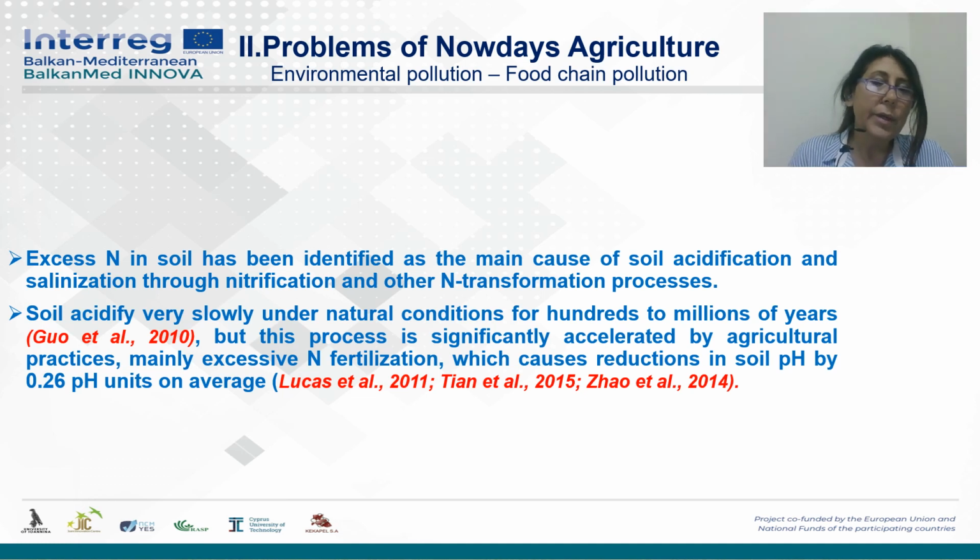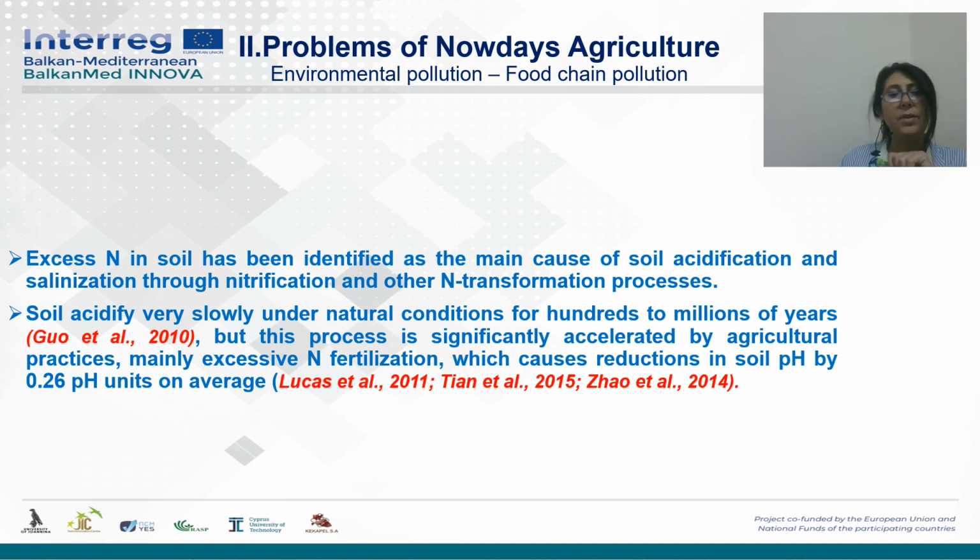Excess nitrogen in soil has been identified as the main cause of soil acidification and salinization. This happens through the process of nitrification and other nitrogen transformation processes. Soil acidity, for example, is increased very slowly under natural conditions, over hundreds to millions of years.